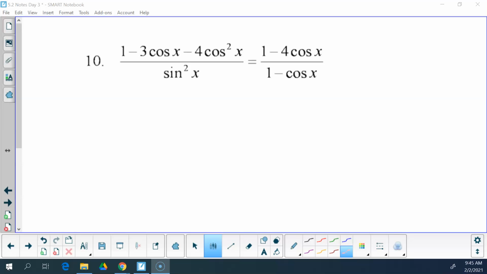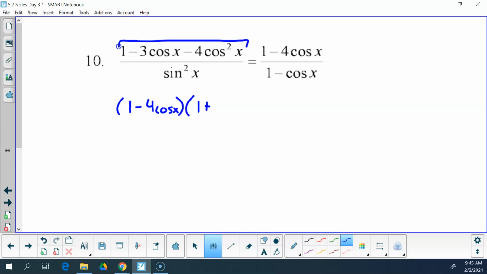So we said left side. So I would take this and factor it down to be 1 minus 4 cosine of x and 1 plus cosine of x.